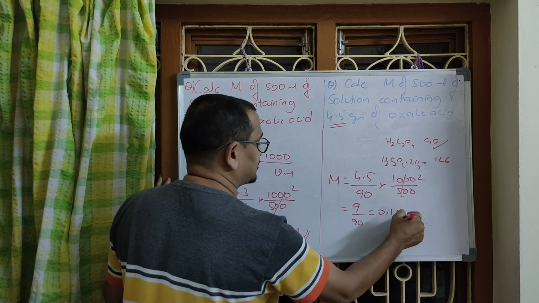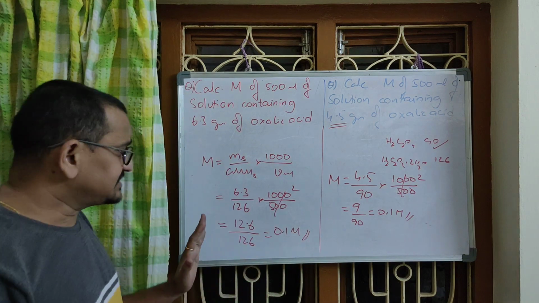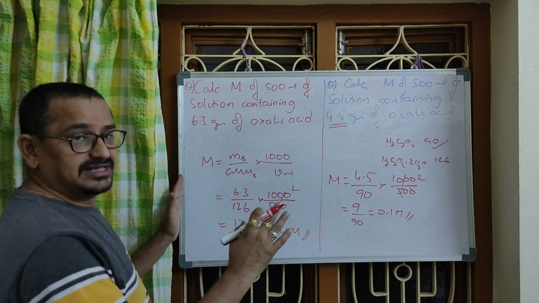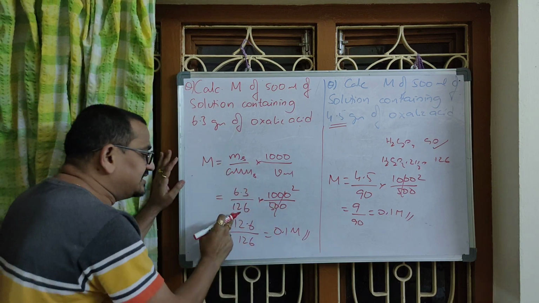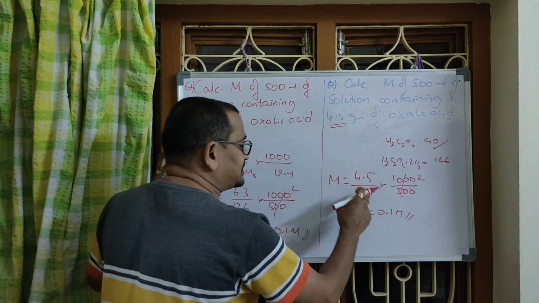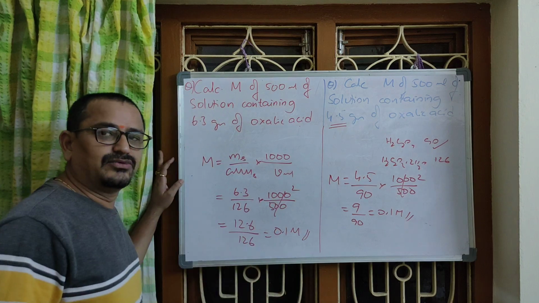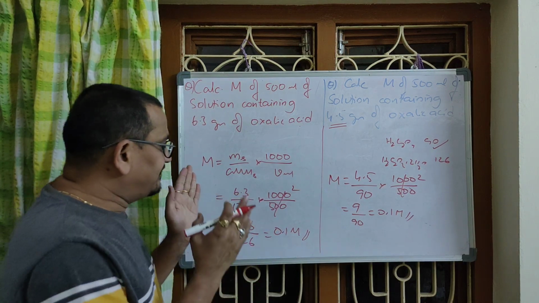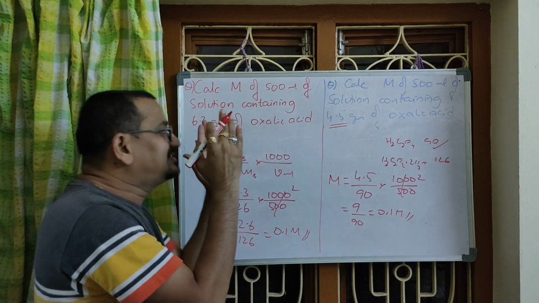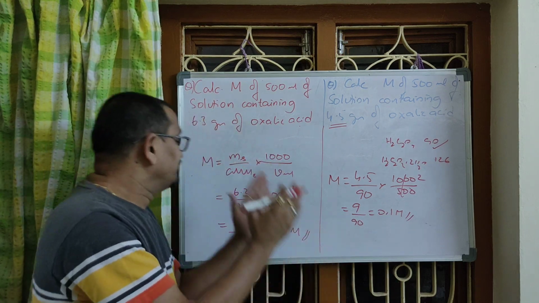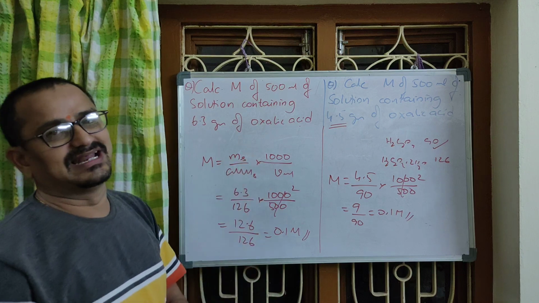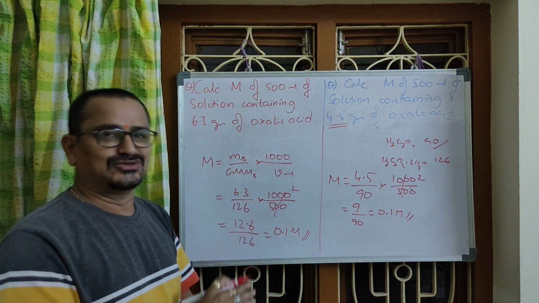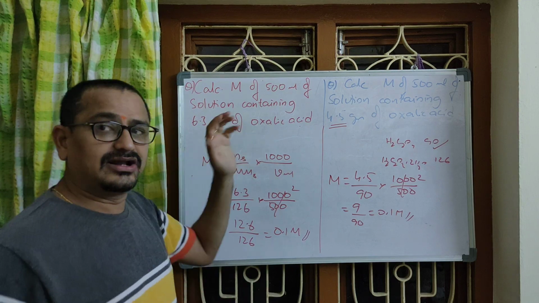Understood? In this way, if you do the calculation by mistake, taking 90 for one or 126 for the other, you may get another value. That's why they will give options according to either anhydrous oxalic acid or the hydrated form. They won't give both. If they give both, they will specify the form, hydrated or anhydrous.